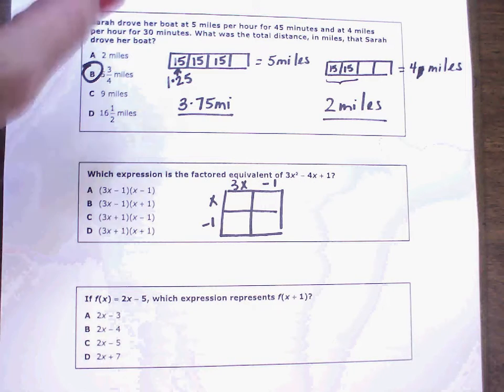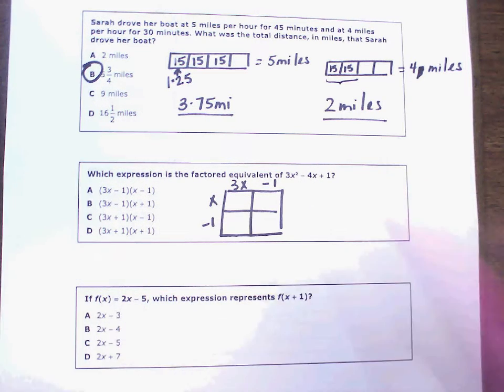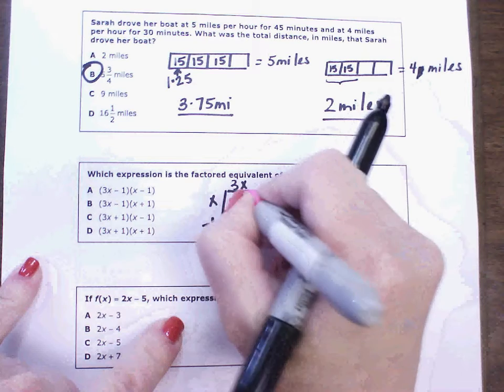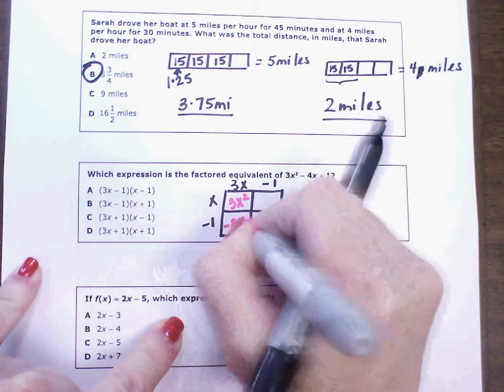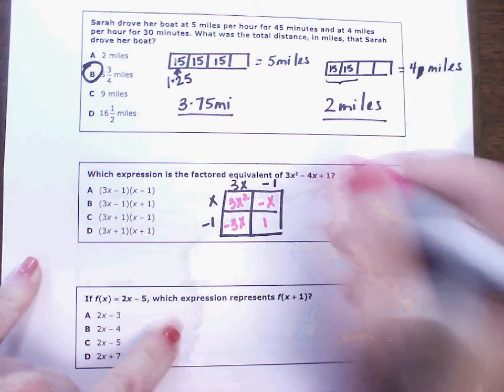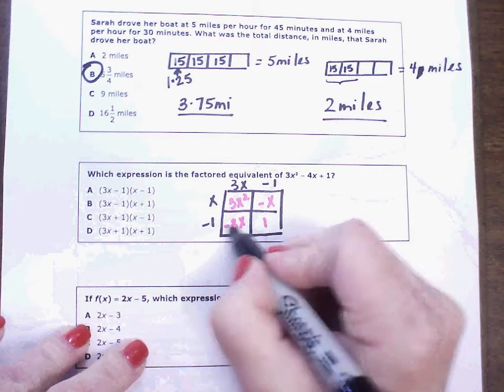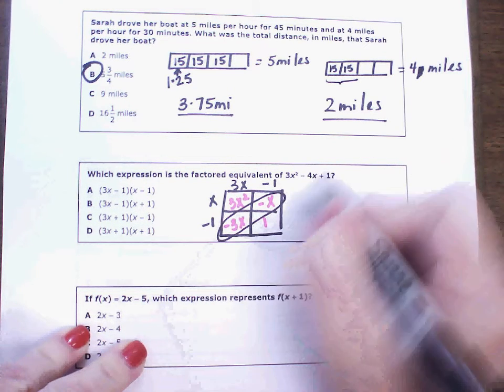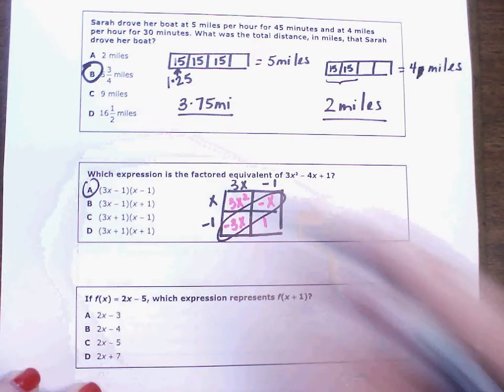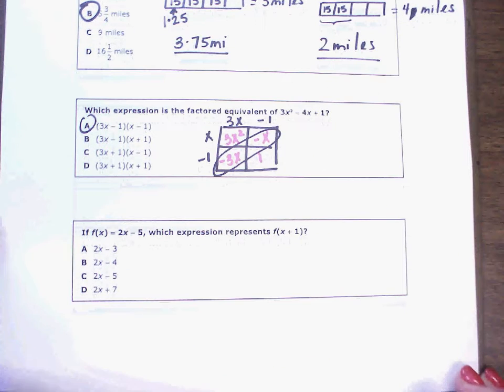So this would be 3x squared minus 3x minus x plus 1. There's your 3x, there's your minus 4x, and there's your 1. The correct answer was A. Should not have taken you too much.